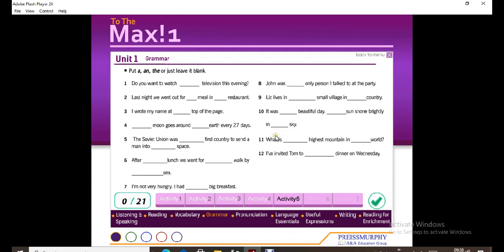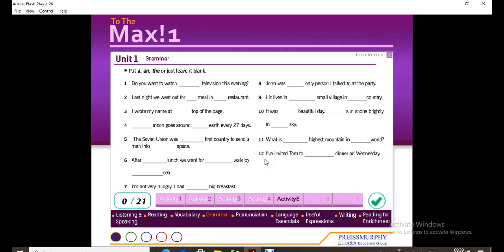Number 11. What is the highest, the longest? Those are superlative adjectives. I'm going to write the before the superlative adjectives. What is the highest mountain in the world? One of its kind, just one word. Now, number 12.